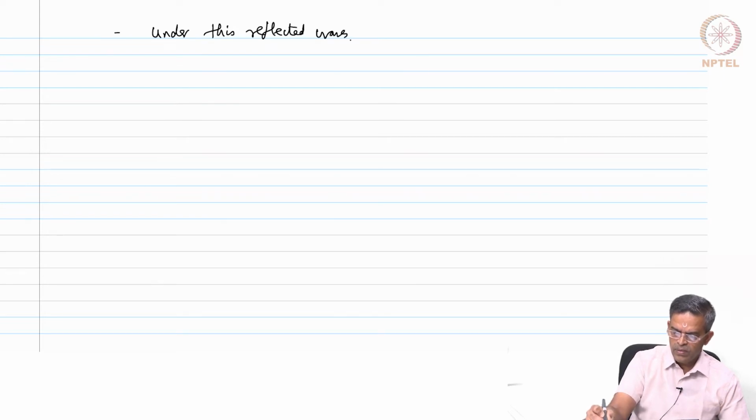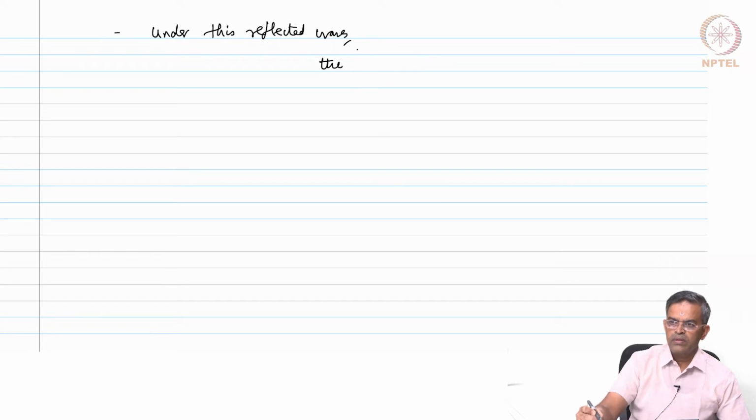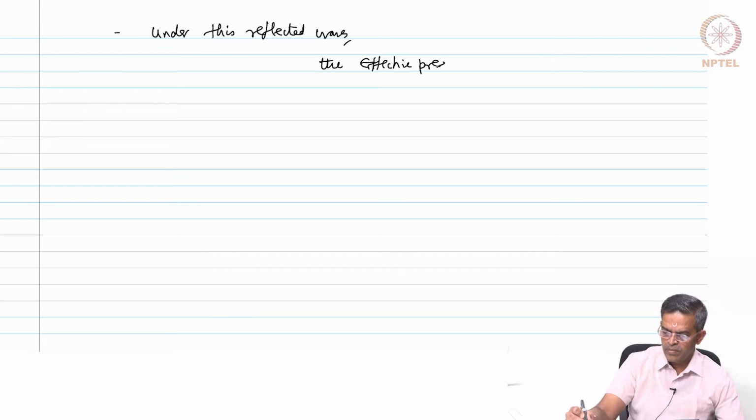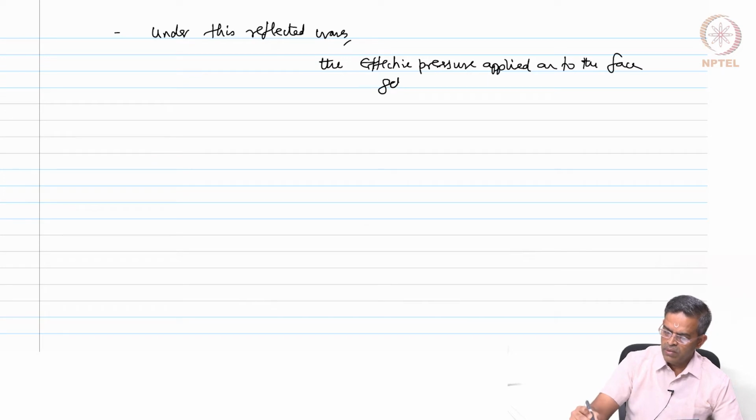The effective pressure applied onto the face of the building is magnified when this occurs. Under these reflected waves, the effective pressure applied onto the surface gets magnified.